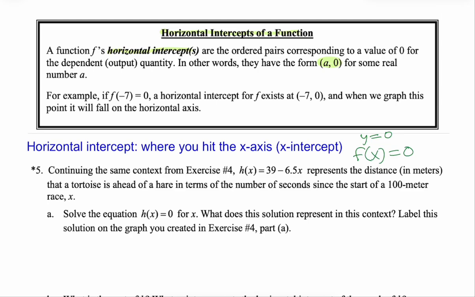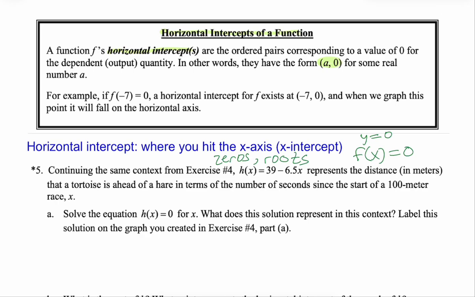There's a few other names they give it. They sometimes will say zeros. They sometimes will say roots. So it is your responsibility to know: if they ask for roots, set the function equal to 0. If they ask for zeros, set the function equal to 0. If they ask for your x-intercepts or horizontal intercepts, set the function equal to 0.